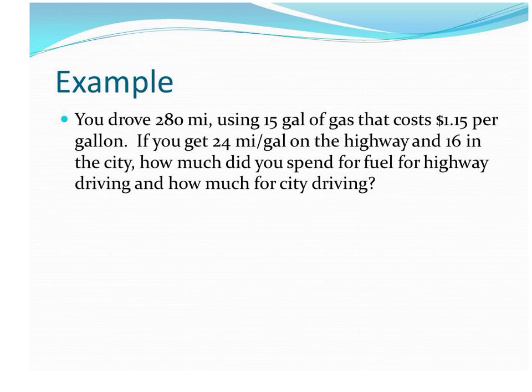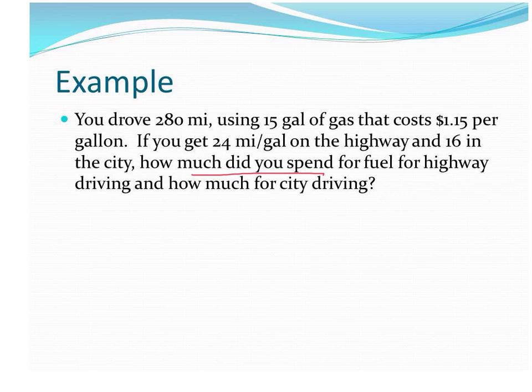So this might be a great candidate for more of that verbal model plan I was talking about earlier, because we're having to figure out how much did we spend for the two types of driving. That's my overall answer. Well, to figure out how much I spend, I need to figure out how many gallons I used city and highway.